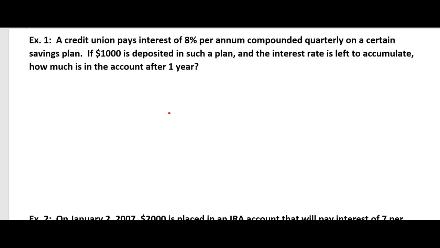So example 1, a credit union pays interest rate of 8% per year compounded quarterly on a certain savings plan. If $1,000 is deposited in such a plan and the interest is left to accumulate, how much is in the account after 1 year?